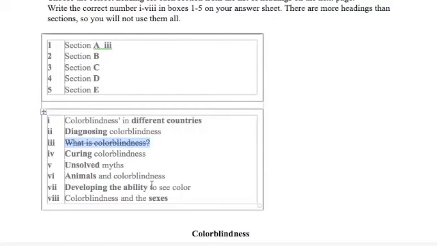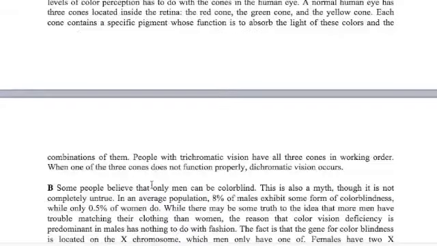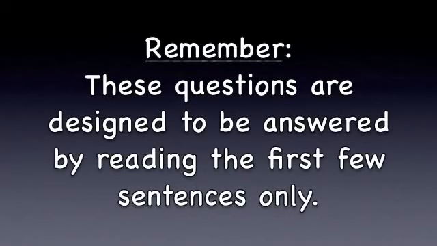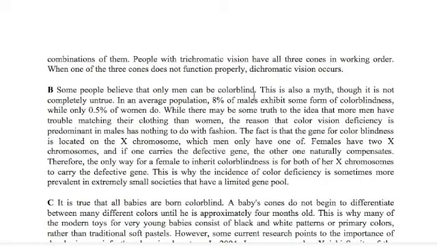Next one. Now, paragraph B, what we do if we're not sure, we read the first 2 sentences. These questions are designed so that you can answer them within the first 2 sentences, okay? So here we go. Some people believe that only men can be colorblind. This is also a myth, though it is not completely untrue, okay?